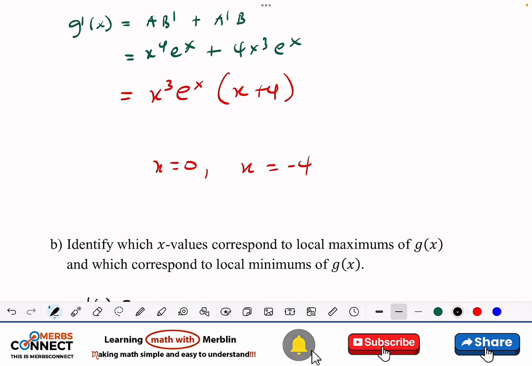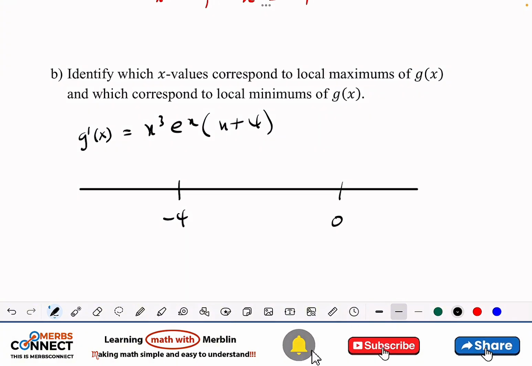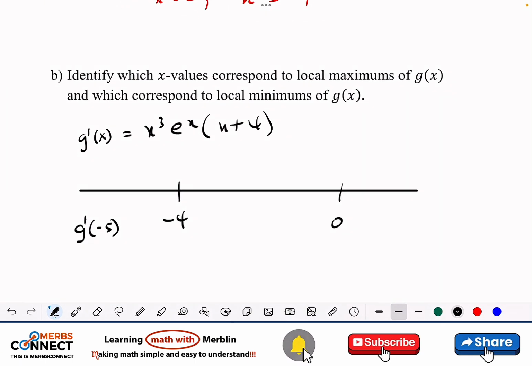What was G prime of x? x to the power 3 e to the power x, x plus 4. So pick any value before -4, so -5. Any value here is -1, and any value here is 1.